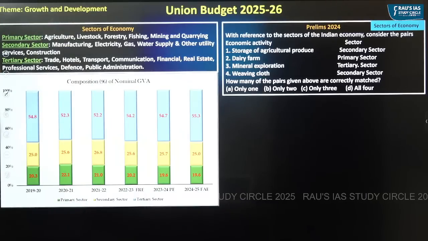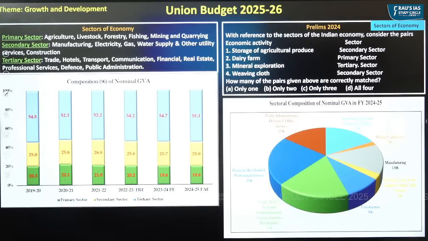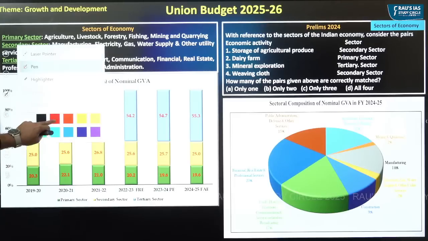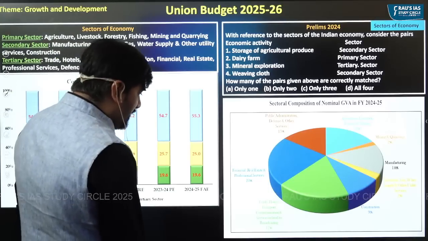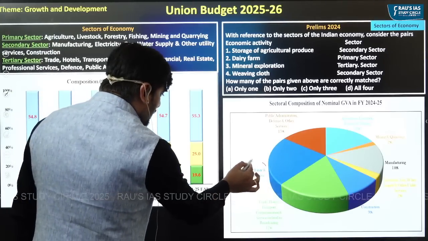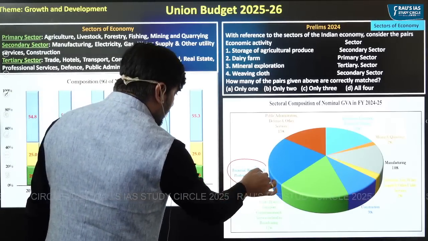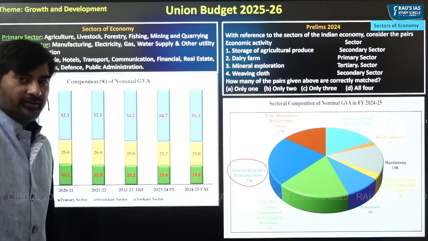And if you see the contribution in terms of subsectors, please have a look at this. The subsector which contributes the highest to India's GVA is actually financial, real estate, and professional services.